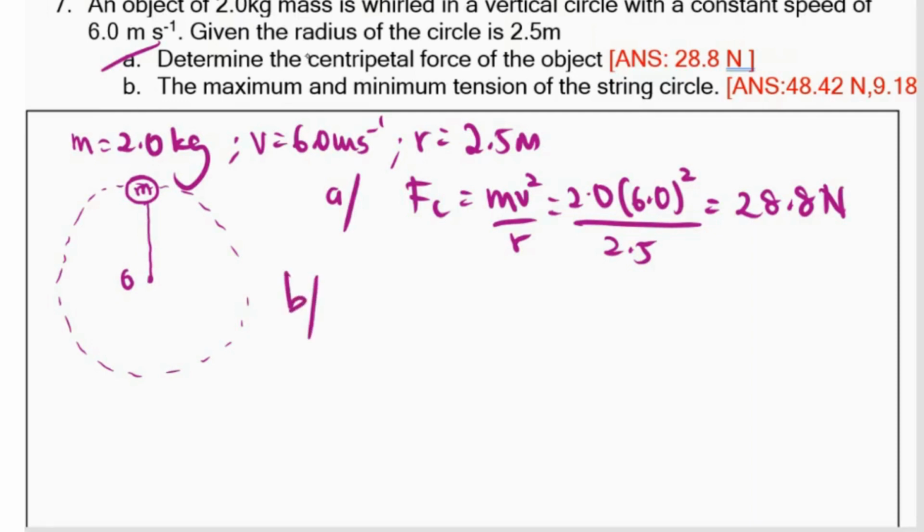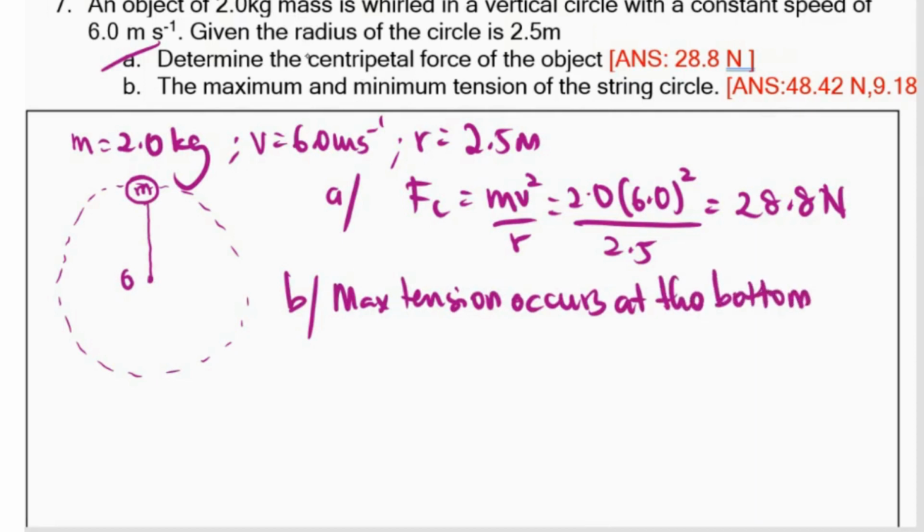So maximum tension occurs at the bottom of the circle. This is the bottom of the circle, and this is the string.